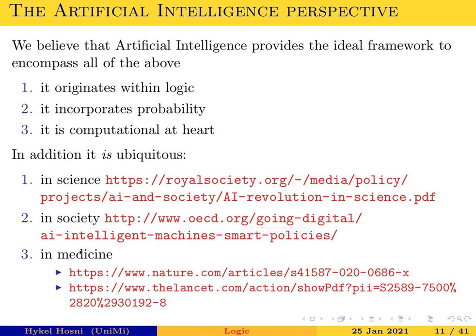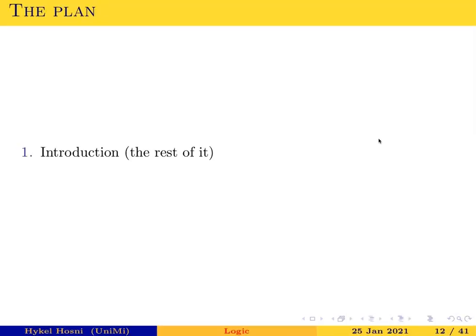And 2 more papers, one from Nature and one from The Lancet, on the relevance of AI in medicine. None of this is necessary for understanding what we're going to do, but again, I think it's useful background. Okay, I'm just going to finish the introduction. So that's the plan for today.